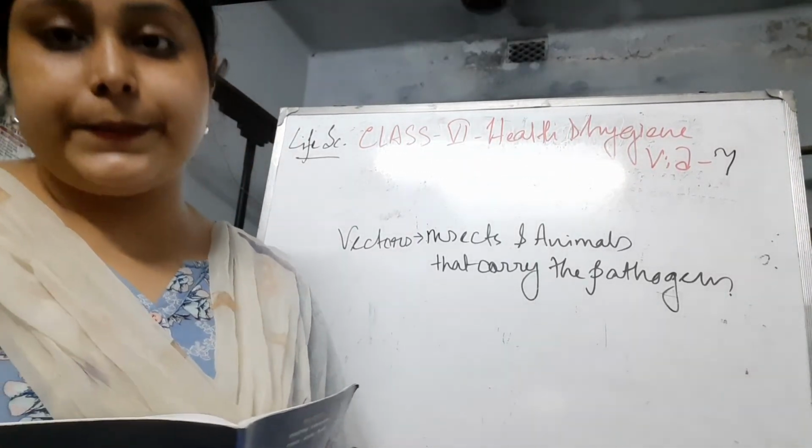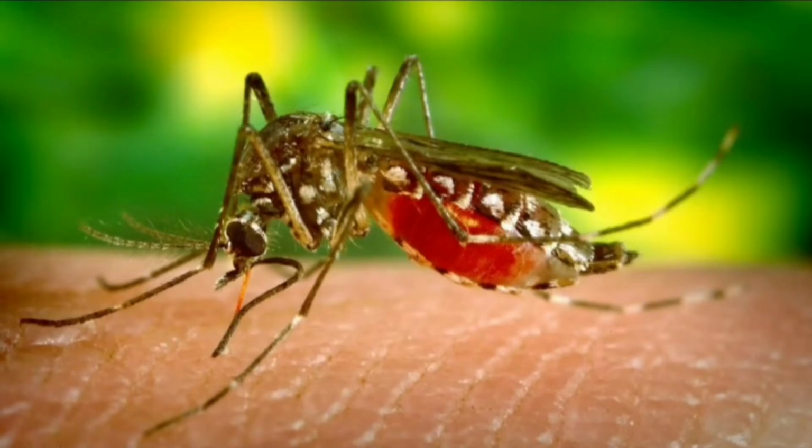So let's check. Now we are going to learn about the diseases that are transmitted by insects or other animals, which are called vectors. Heaps of waste or stagnant water serve as breeding grounds for insects and flies. Here you can see a picture of a mosquito. These microbes get attached to these insects when they visit a source of infection.